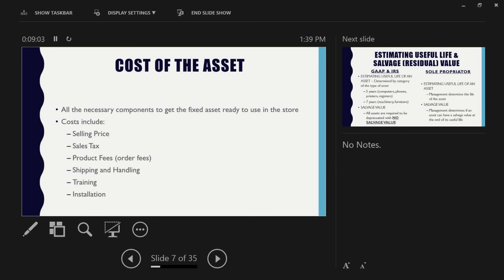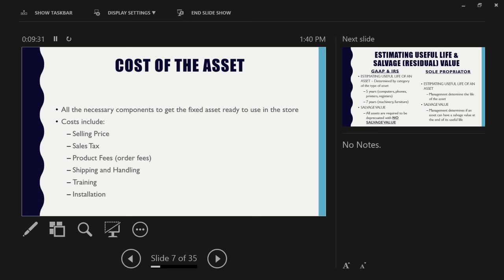If there's any product fees, so let's say you purchased a warranty on it, that is included into the price of the asset. If you need to train people how to use the asset, that is also considered an expense that goes towards the cost of the asset.